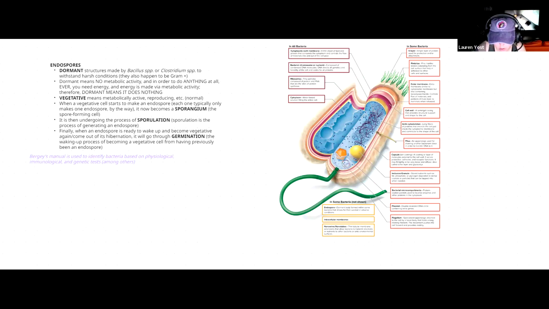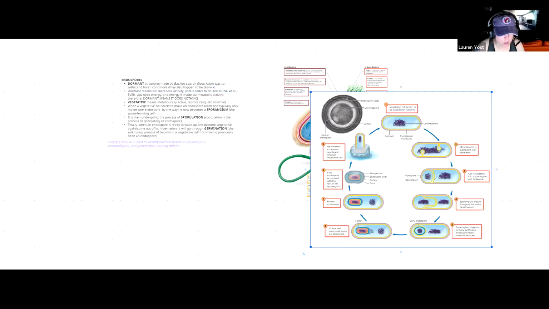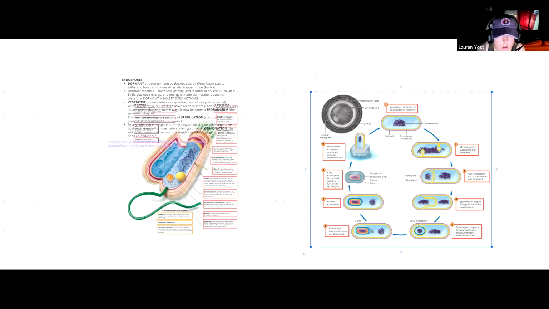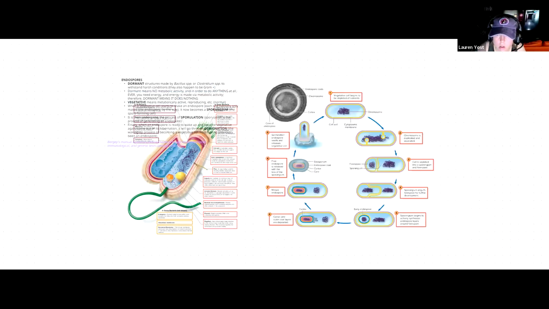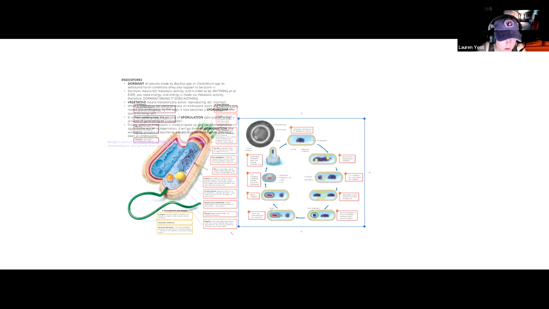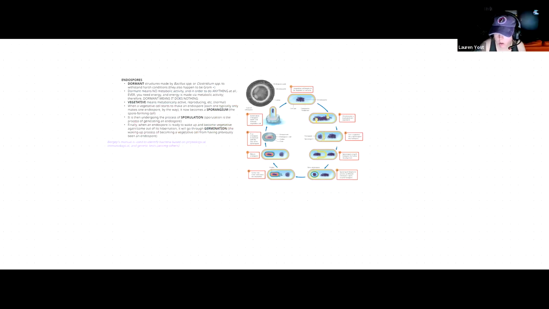Just some more figures for this study session. We got the other one and the other images.